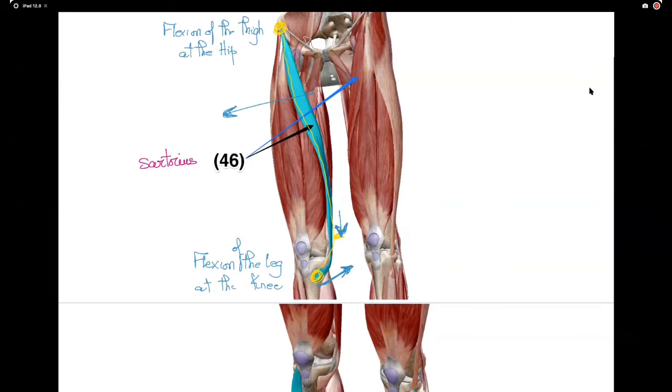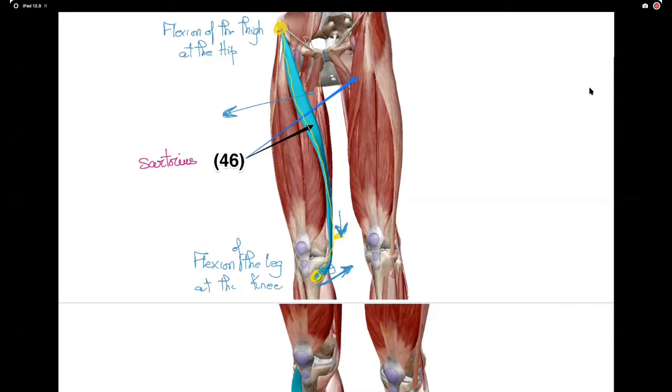Also, as you see, I'm inserted on the medial side and I'm getting my origin from the lateral side. So when I pull the medial aspect of the leg towards the lateral aspect of the thigh, what's going to happen?